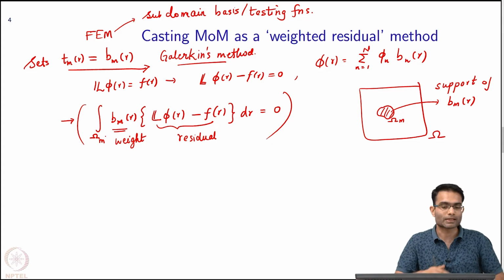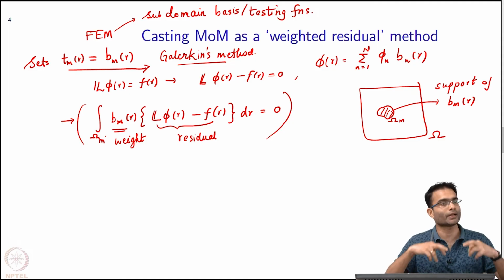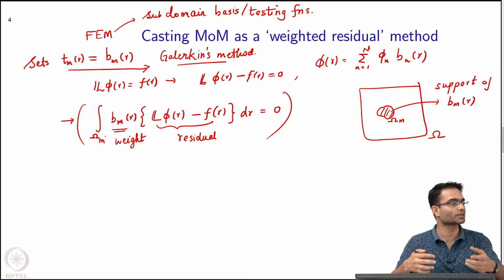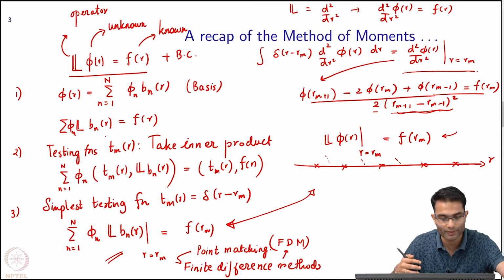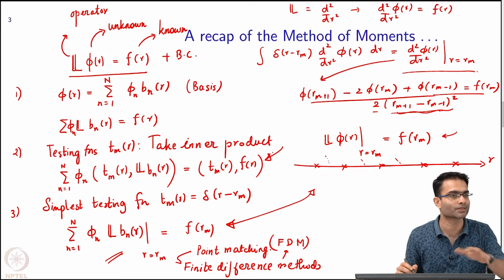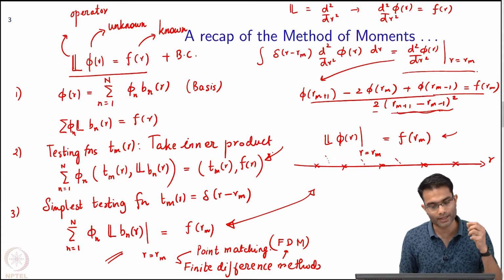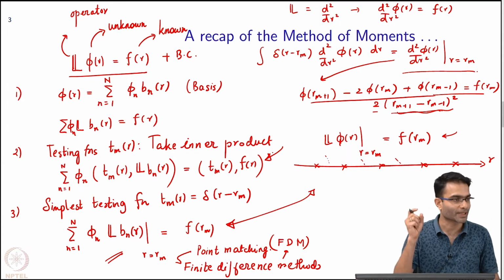The reason I am giving this slightly different interpretation is because the FEM community gives an interpretation to the method of moments equations which we had already derived. When we derived the method of moments equation, we did not have this weighted residual interpretation. We just said phi is projected on basis B, then I do testing along Tm.